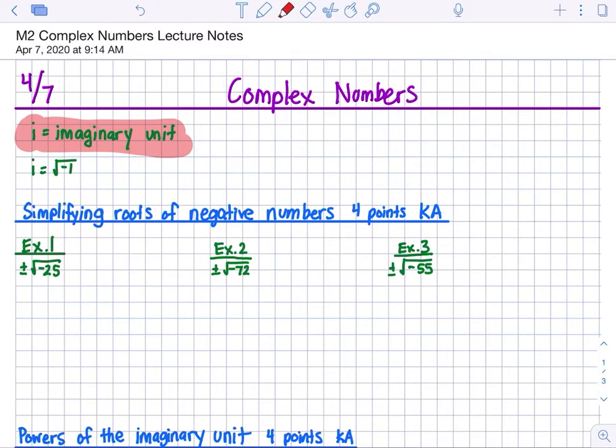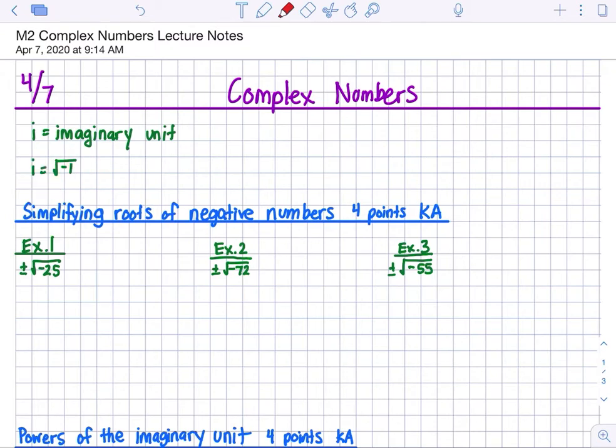You recall that you can never take a square root of a negative number? Well, now we're going to describe those as being an i. So the square root of -1 is equal to i, which is an imaginary number. It's a number that just does not exist.